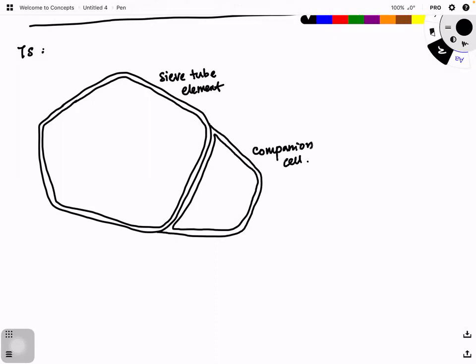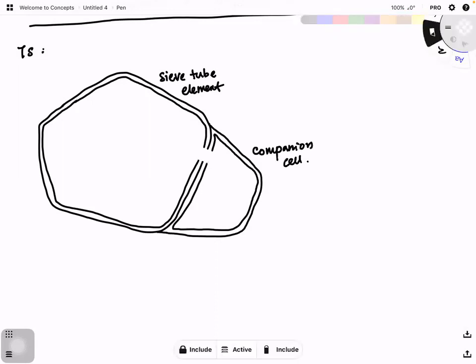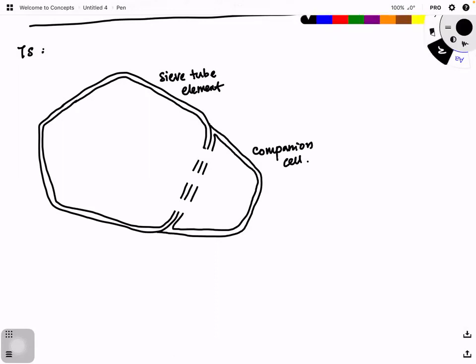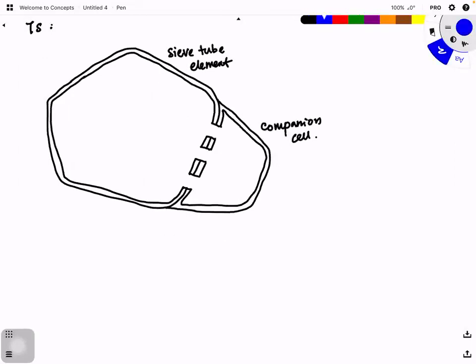Between the companion cells and the sieve tube elements, you can always see plasmodesmata. I label this one as a plasmodesma, singular. Companion cells sometimes have the nucleus, but sieve tube elements have no nucleus.